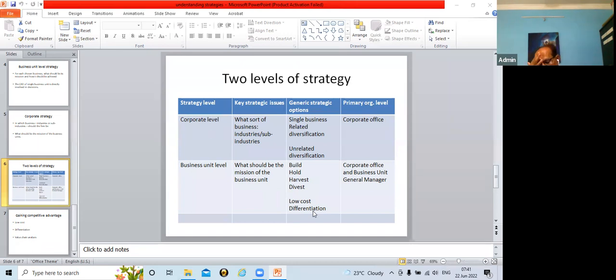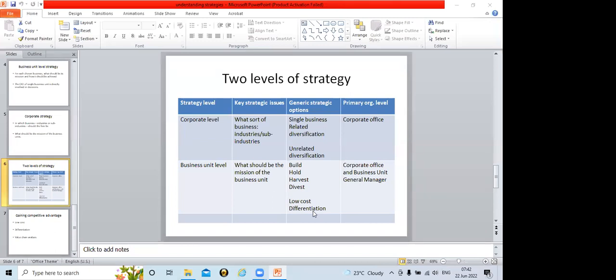Which is the soap generally used by people? I'm giving you the example of differentiation, how the products are differentiated from each other. So which soap kills germs? Dettol. Yes, exactly, Dettol.